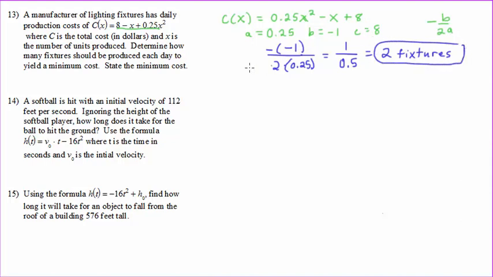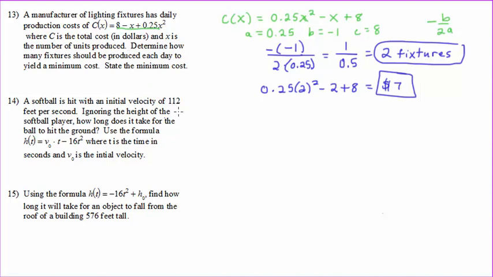Then we take this 2 and plug it back into our formula at the top, because they also want to know how much our cost is. That's what C of x, our y value, is telling us: how much it costs to make this. So if you type this into your calculator, it gives you 7, and that is a money amount, so that's $7.